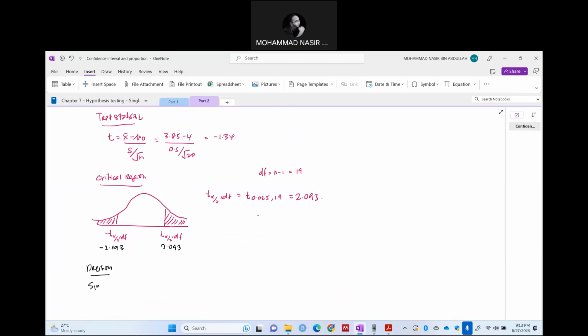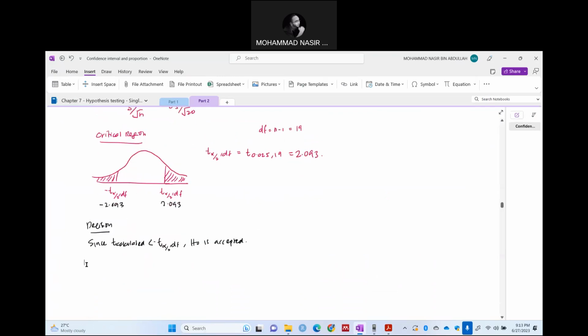So since t calculated is not less than negative t alpha divided by 2 with degree of freedom, the null hypothesis is accepted, right? So we look at this one is before the critical value, right? It lies under the acceptance region, right? So we make a conclusion.